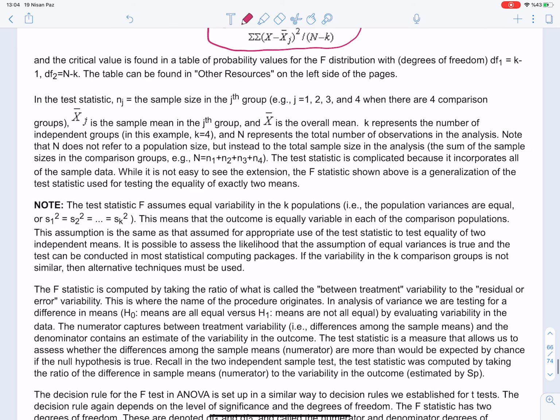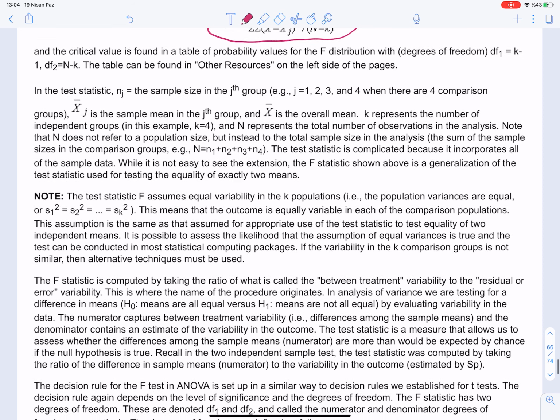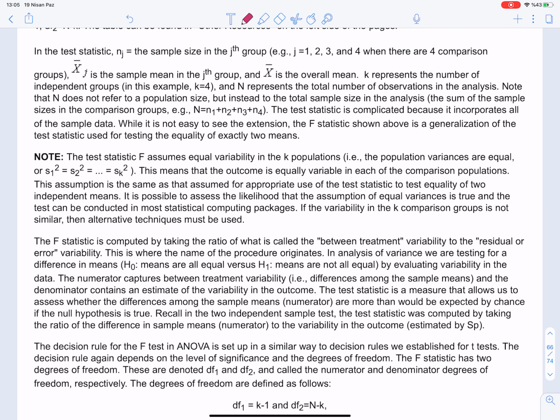This is the note. I want you to pay attention to the note because there are some assumptions related to ANOVA. You definitely need to satisfy variance equality. If the variances are not equal among groups, you're not able to use the F statistic of an ANOVA.